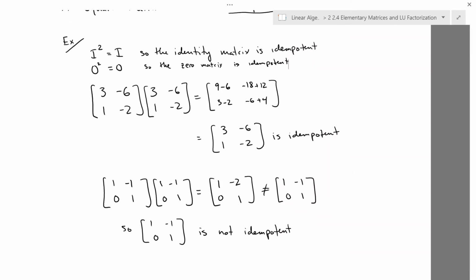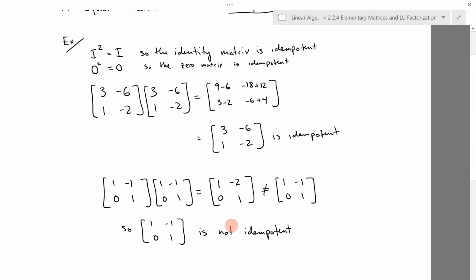But in general, most matrices are not idempotent, right? So here, if I take this matrix and I square it, meaning I multiply by itself, you can see that the resulting matrix has 3 other entries that are the same, but this entry is not the same. So I get a negative 2 here, which is not the same as the original matrix.